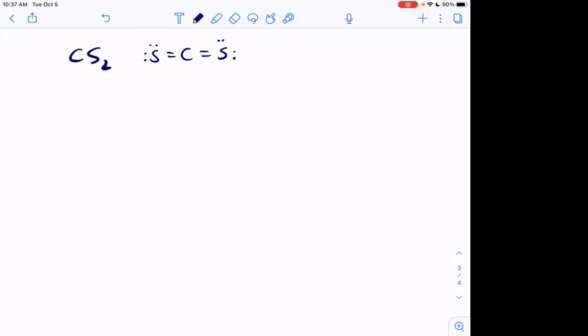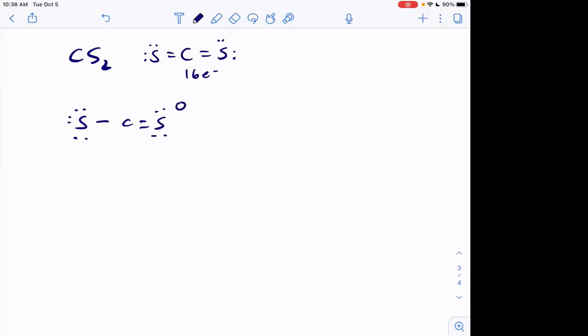What do we have? 16. 6 and 6 is 12, and 4 is 16. Carbon's the central atom, so you're going to do this. And then if you started doing this, you'd run out, right? So the first thing you do is you get rid of one, put a double bond there, right? And you know what's the formal charge on that sulfur on the right?